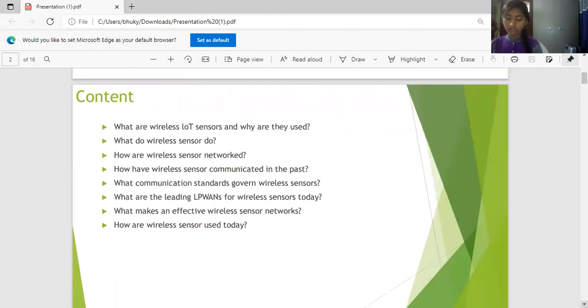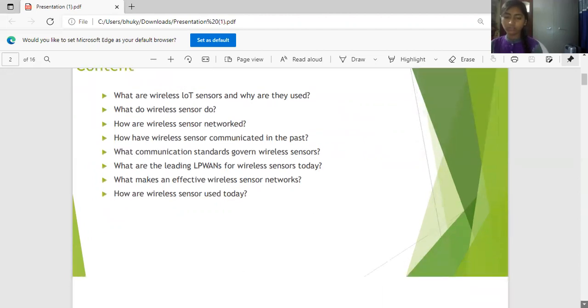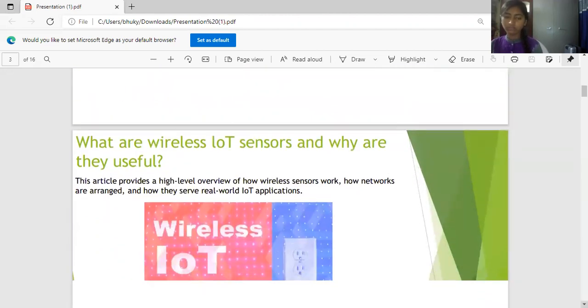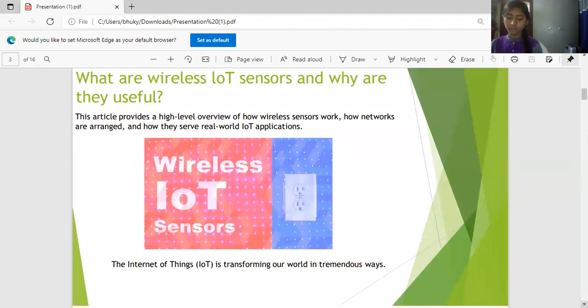Here I have given the content that we are going to discuss in this topic. We are going to discuss first what wireless IoT sensors are and why they are used.